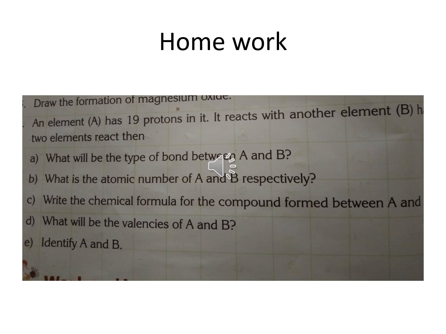If these two elements react, what will be the type of bond between A and B? What is the atomic number of A and B respectively? Then write the chemical formula for the compound formed between A and B. What will be the valencies of A and B? Identify A and B.